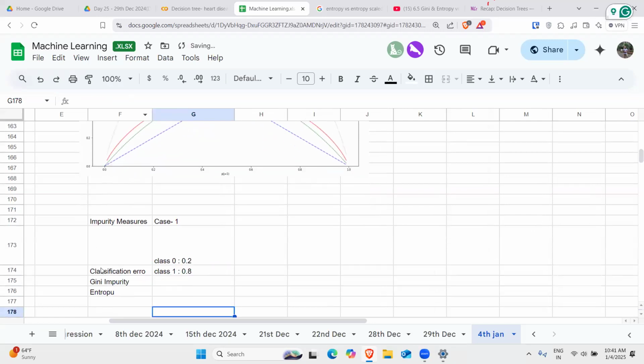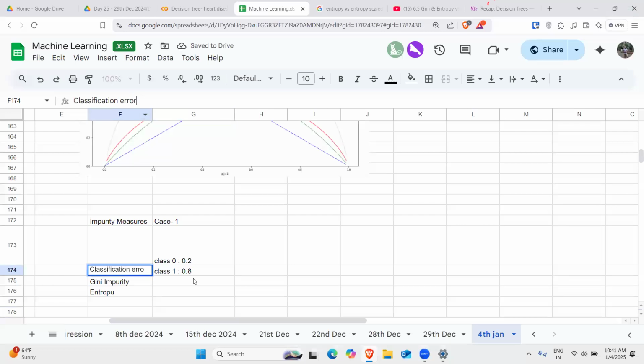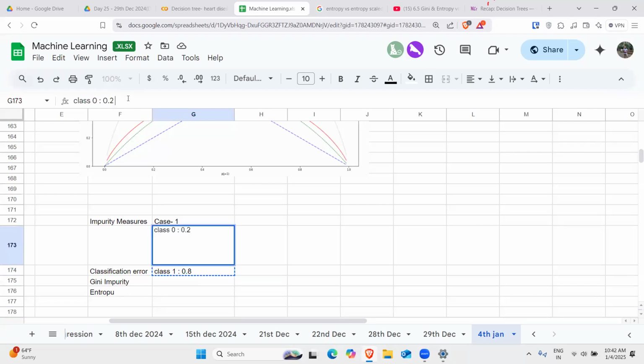Classification error becomes 0.2. Here it was 0.32. Here it was 0.72.